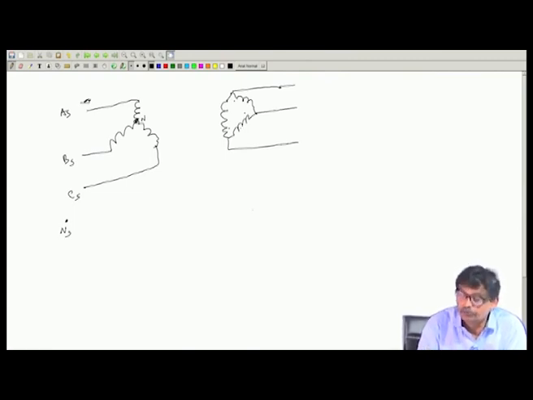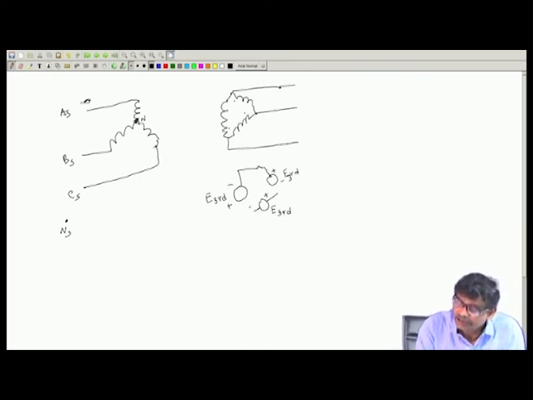inside this closed path, you find there will be 3 EMFs, E third, then E third, E third. Along with E fundamental, it will be more scientific. You also sketch E fundamental.